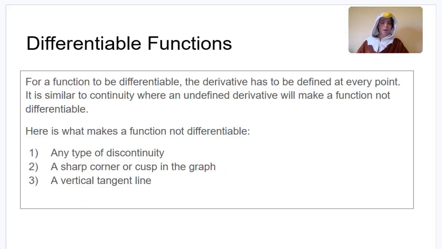And the third reason could be a vertical tangent line. And you can think of this like a more advanced version of an eagle being able to fly along the graph. Because in reality, an eagle couldn't fly infinitely fast or instantaneously change direction in midair.